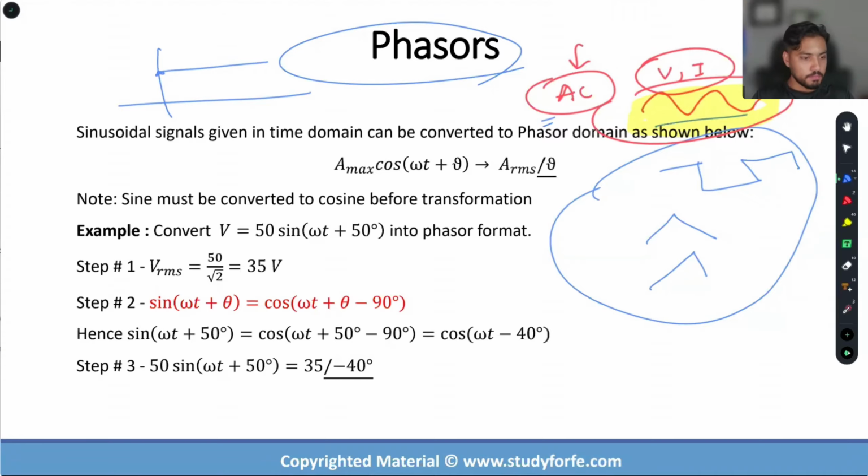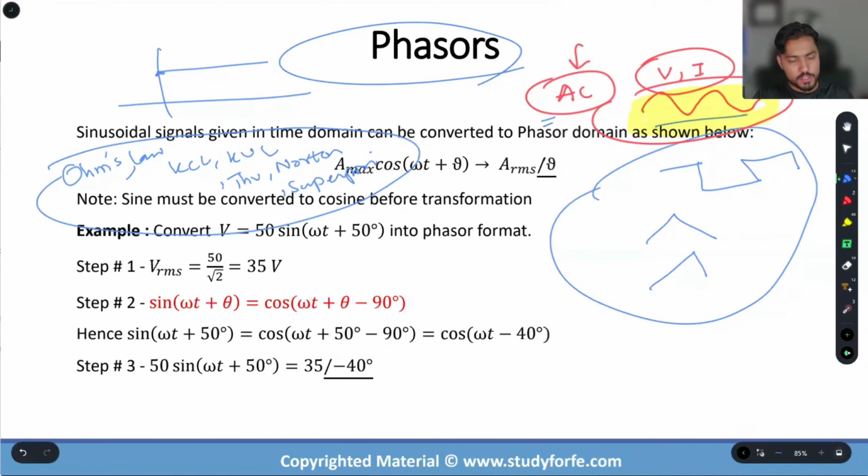Now, what's the problem? Well, we have learned Ohm's law, right? We know Ohm's law from our undergraduate engineering coursework. KCL, KVL, Thevenin, Norton, and superposition, right? Source transformation, a whole bunch of these circuit analysis techniques. You guys know the secret?